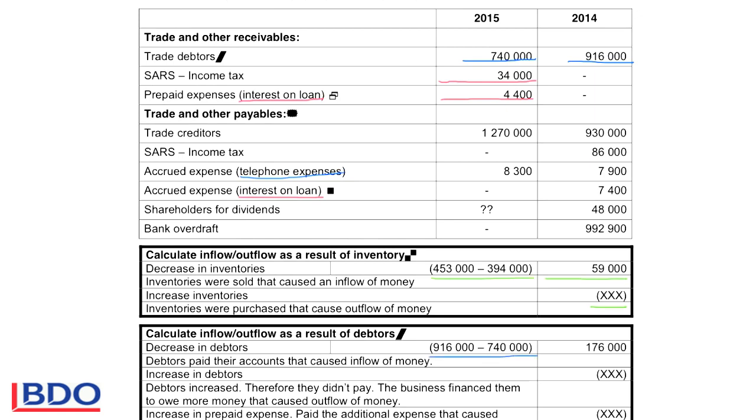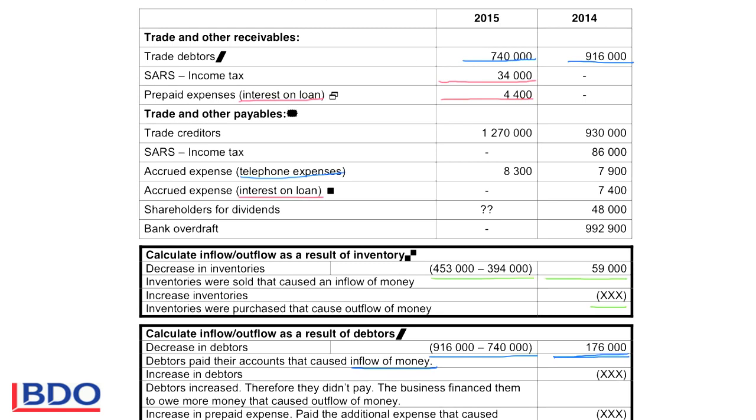So the movement between the previous year and the current year was 176,000. Now, why is the debtors less this year than the previous year? Because they paid money so that they owe less money. If they paid money, it means that there was an inflow of money because the business received the money, and that's why this 176,000 will be a positive figure.